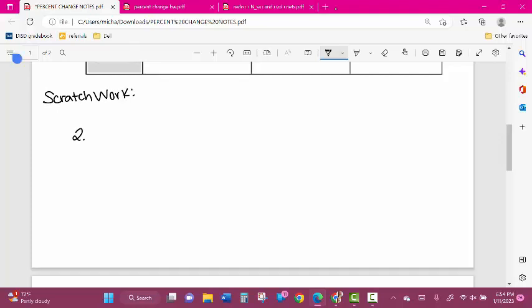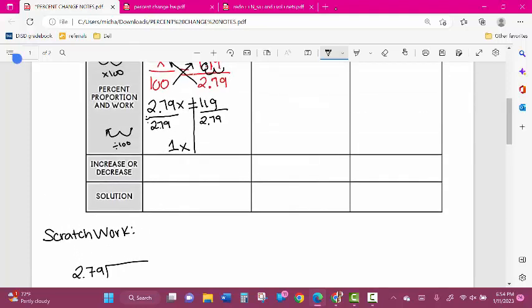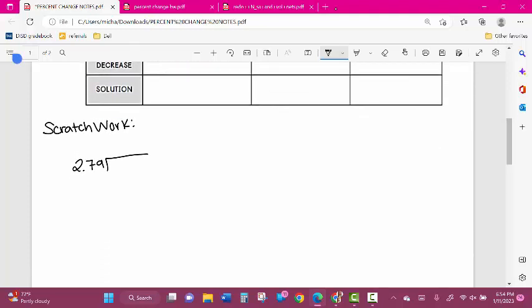And we have $2.79 going into the number 119. Okay, we know that we're not allowed to have decimals on the outside of the division house, so I have to move the decimal over 2 times to have 279 instead of 2.79.